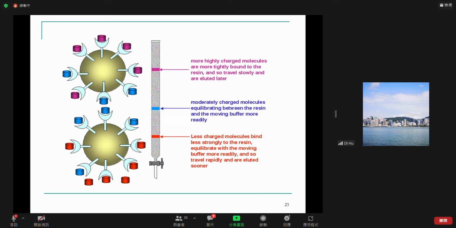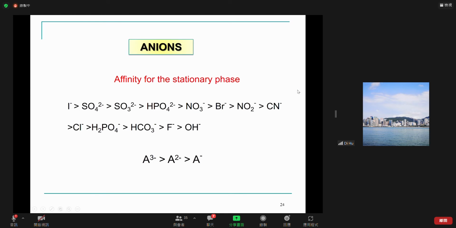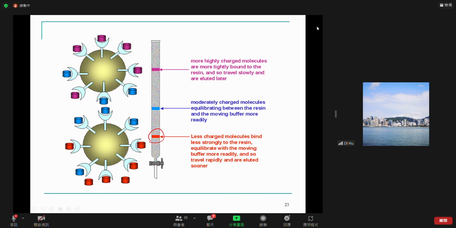And you can see again, for the less charged molecules, or those with smaller charge density, they bind less strongly to the resin, and in equilibrium with the moving mobile phase they travel rapidly and come out sooner, smaller K. Okay, and for those that have higher charge, smaller radius, higher charge density, they come out latest here, latest.